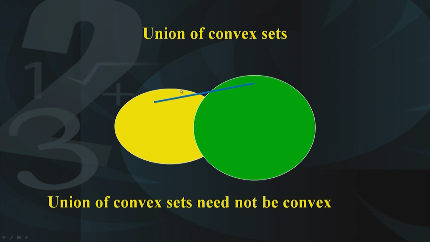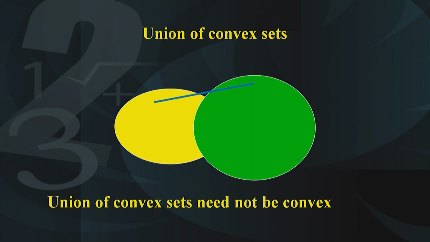The union of these two sets is given by this total area, and if you take any 2 points in this union and draw the line segment joining these 2 points, you find that this line segment is not completely lying in the union. Therefore, the union of convex sets need not be convex.